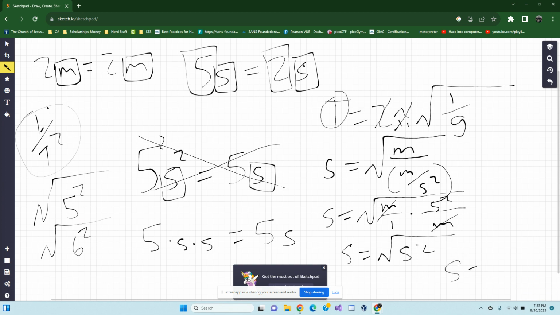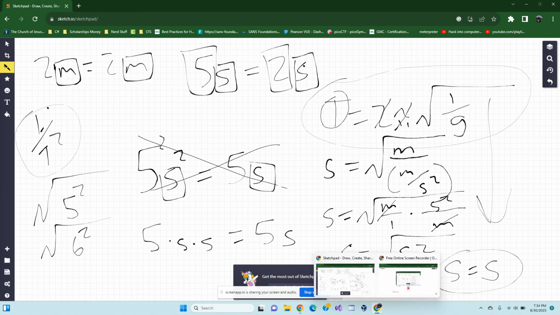We end up with s equals s, and through our work, we show that this equation is dimensionally correct. Remember, we didn't care about the actual values of length or gravitational acceleration or time. We cared about the units. That's why we could get rid of 2 and pi. They're unitless. And I hope that makes sense for dimensional analysis.